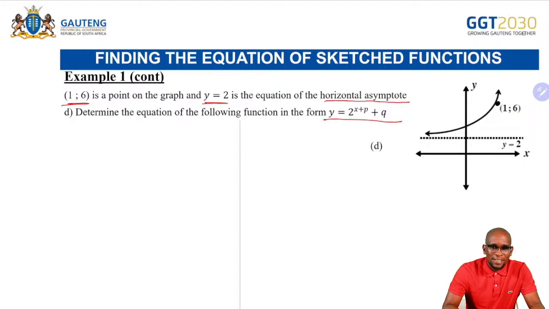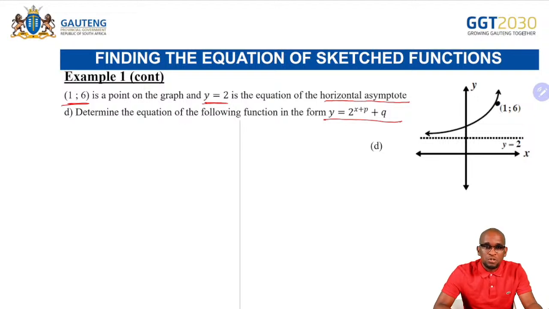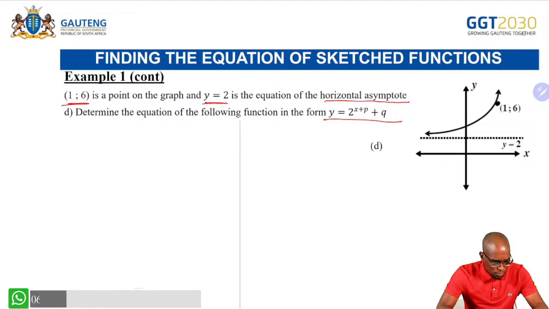Right, welcome back. Now, hopefully you were able to work out the equation of this exponential function. Let's try to do it together and see whether you manage to get it correct. The point (1, 6) is on the graph, and y = 2 is the equation of the horizontal asymptote.